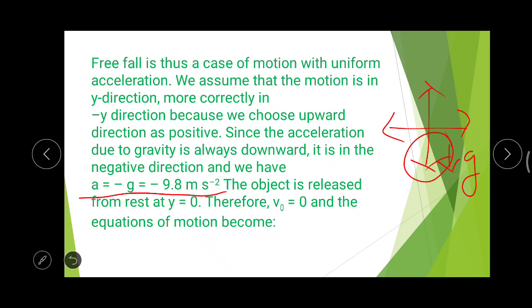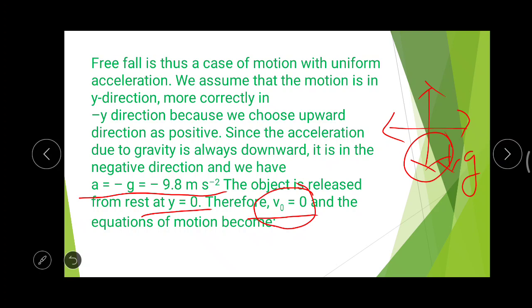And you know that the object is released from rest. We were holding it, and at some point of time we are releasing it. So at rest the initial position y is equal to 0, we will take that as 0, and v0, the initial velocity, will also be 0.